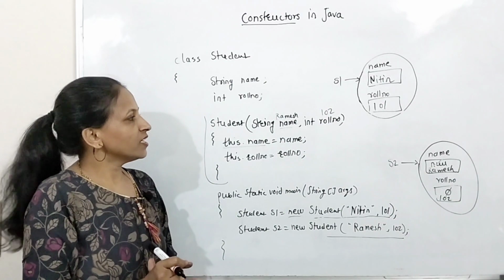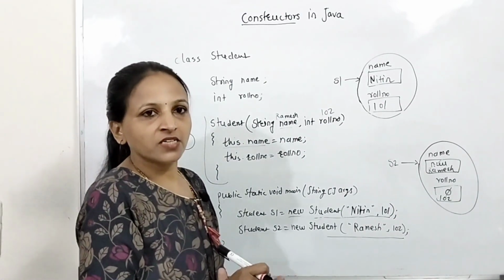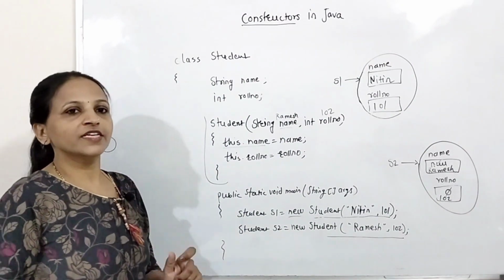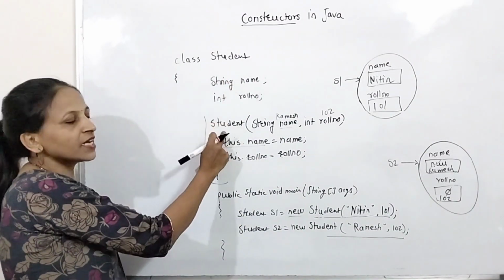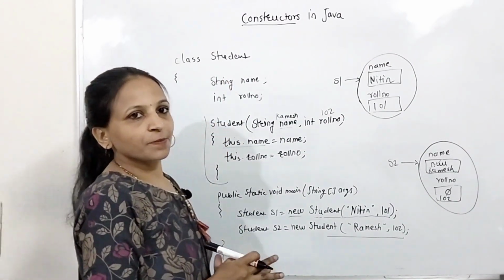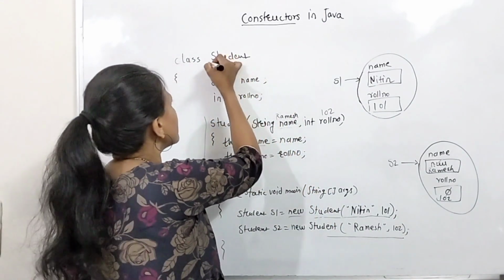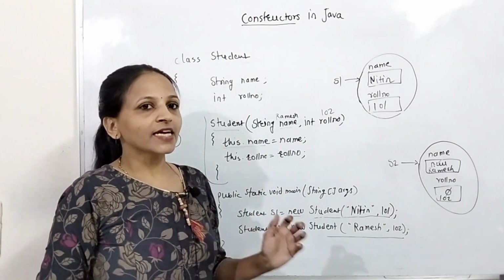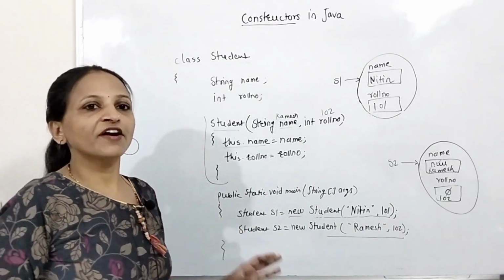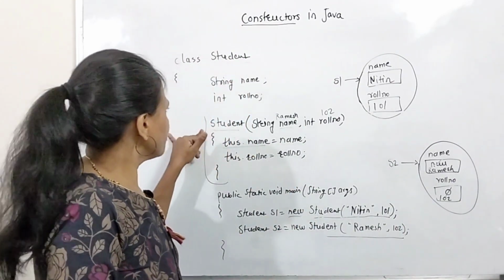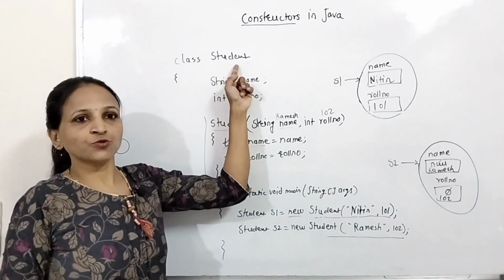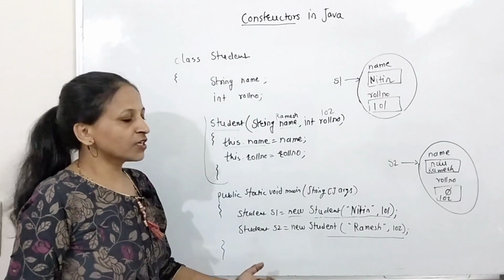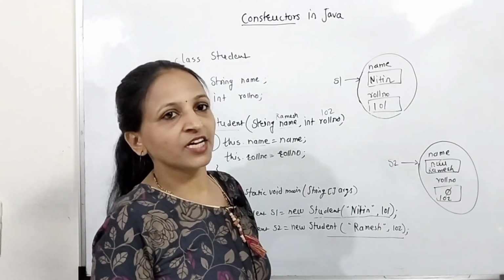Now there are some rules while writing a constructor, and I am going to discuss those. The first rule is that the name of a class and the name of the constructor is always the same. The second rule is for modifiers. What is the access modifier? This class Student is currently having the default access modifier, which means this class you can access inside the package only.